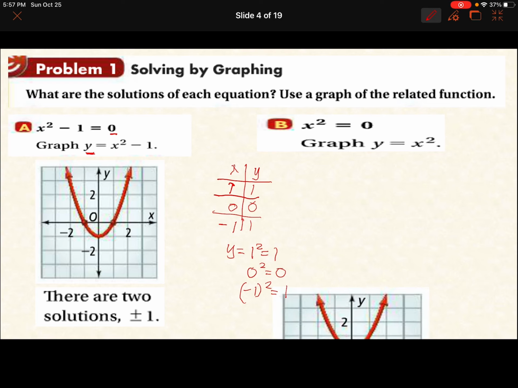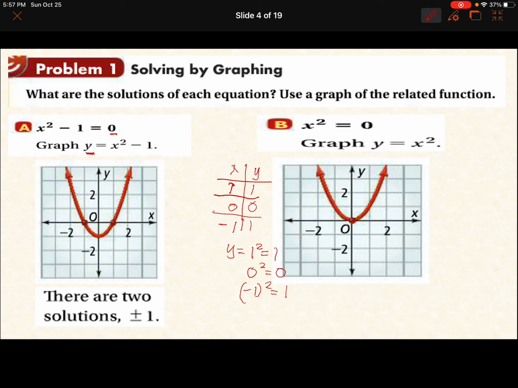So you have here, this is (0, 0), this is (1, 1), and this is (-1, 1). Try to observe. What is the solution of the given quadratic equation? We only have one x-intercept.